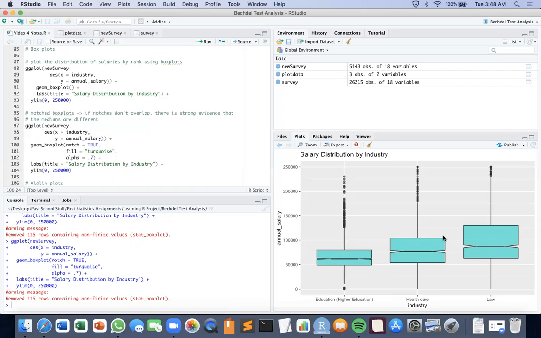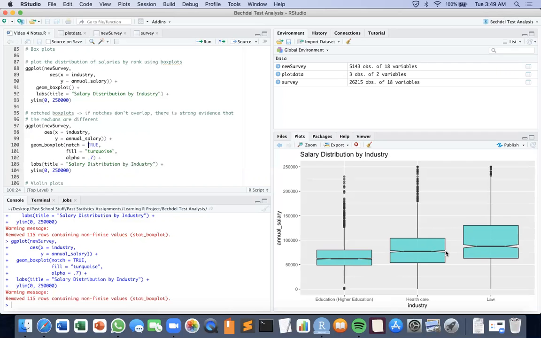And that gives kind of a confidence interval for the median. I don't know if that's exactly what it's doing, like calculating a confidence interval, but that's kind of the way it functions. And what that tells us is if we compare these and we look at where the notches are, if the notches don't overlap, we can be really confident.